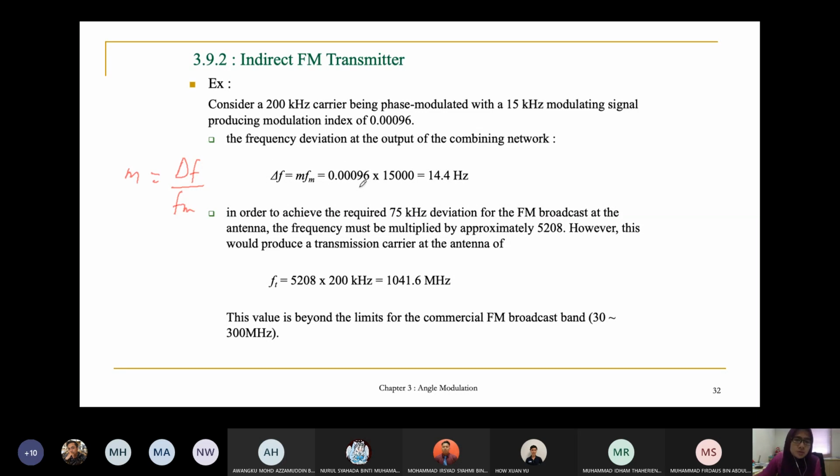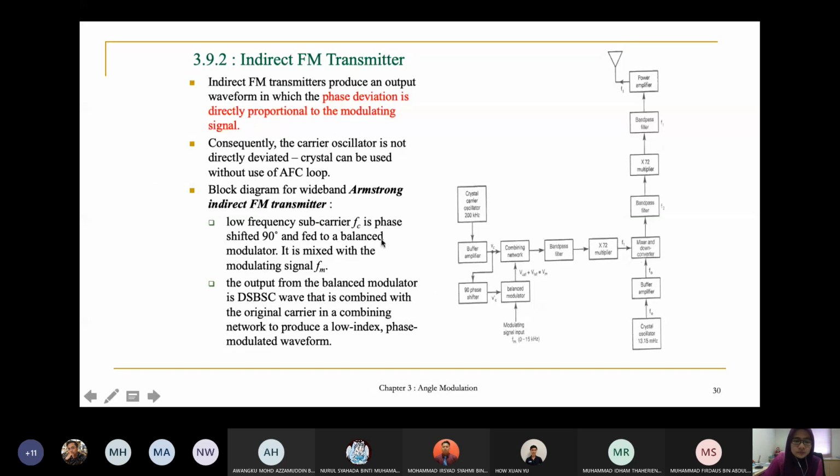So 0.00096 multiplied by 15 kilohertz, you will get 14.4 hertz. This is the frequency deviation delta F at the output of the combining network.